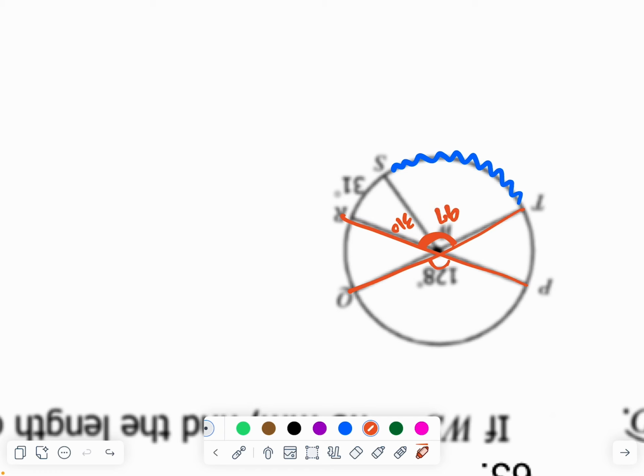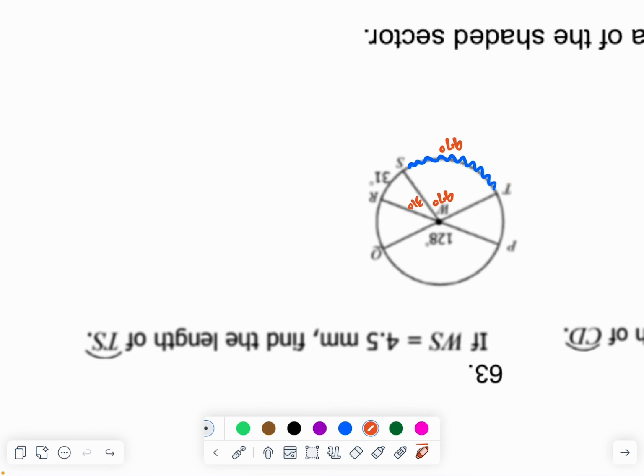So I can subtract that away and figure out that this is 97 degrees. I kind of have to figure all that out first. I'm going to erase all that mess that I just made. If that's 97 degrees, then the arc is 97 degrees.